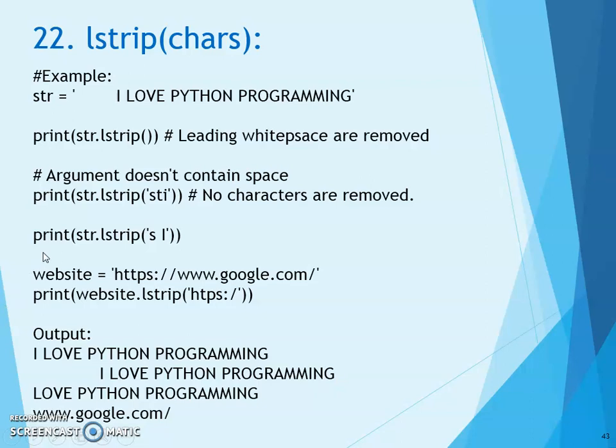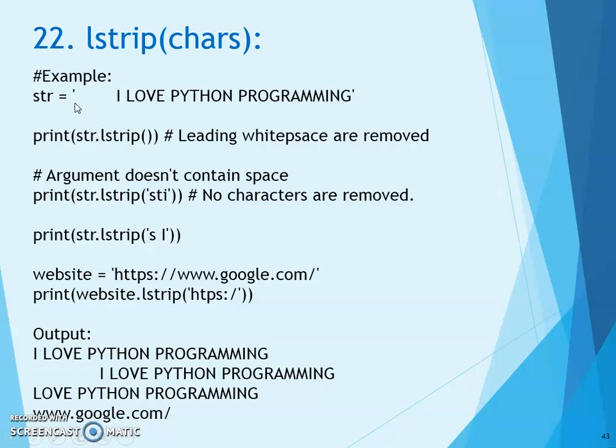Now we'll see the next example. Here we are passing a parameter with characters small s, space and capital I. Meaning, we want to remove these characters: small s, space bar and capital I. This method removes the characters from the left hand side. On the left hand side we check whether s is there; small s is not there.